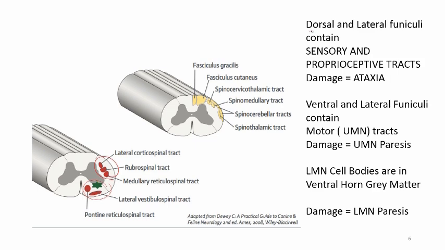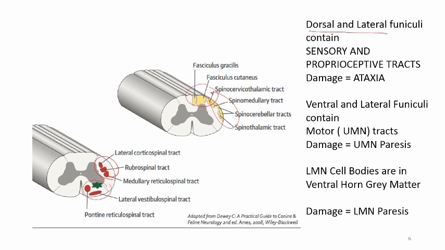If your tracts run dorsal and lateral, those contain the sensory and proprioceptive tracts. So these are the dorsal tracts and the lateral tracts. And if they are damaged, what we will see is that the dog is ataxic. So our dog is going to be wobbly, and the dog is going to be ataxic.